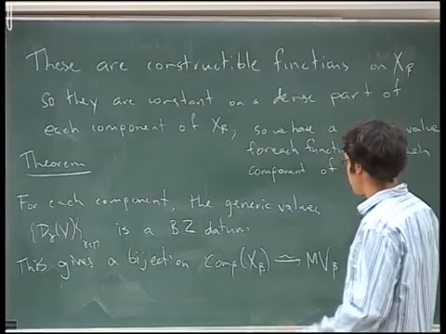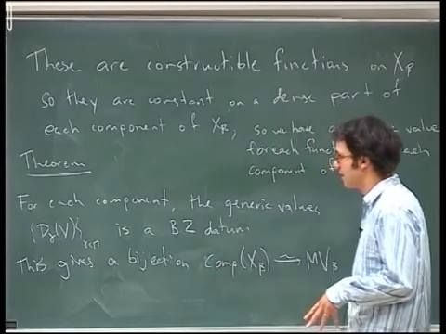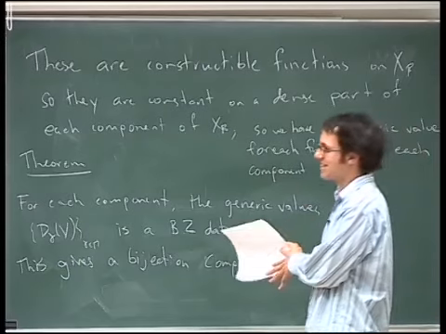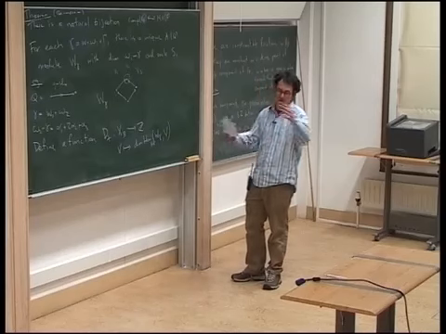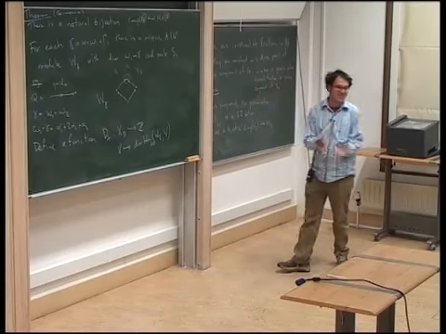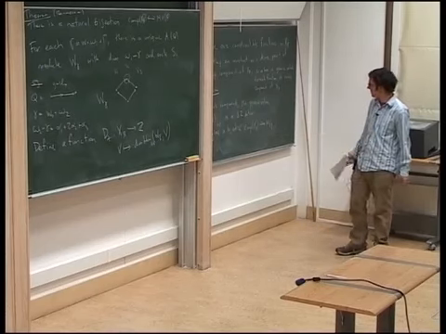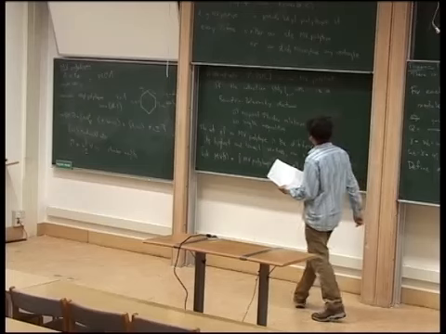That bijection, which I constructed in my thesis, is defined in almost identical fashion. There are constructible functions on something which contains all the components, and its generic values on the components are a BZ datum. I like this result because it improves the parallelism between the two pictures.